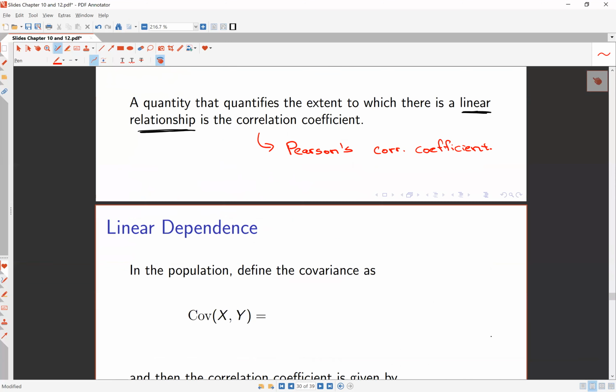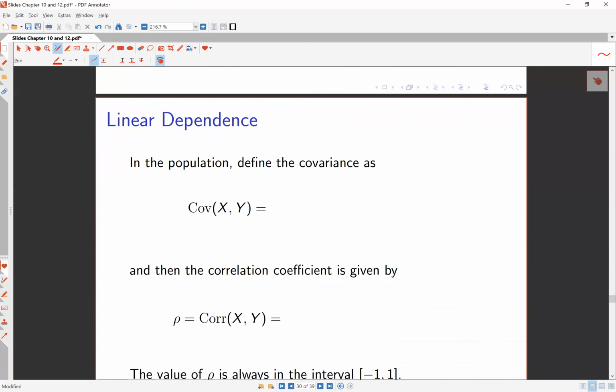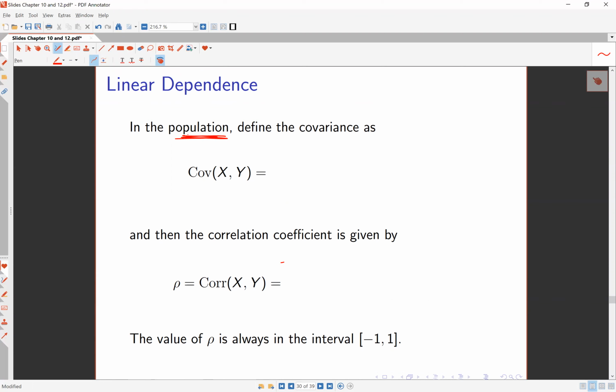So let's look at how we measure that, firstly, at the population level. At the population level, the covariance between two variables x and y is defined as their joint expected value minus the expected value of x and the expected value of y.